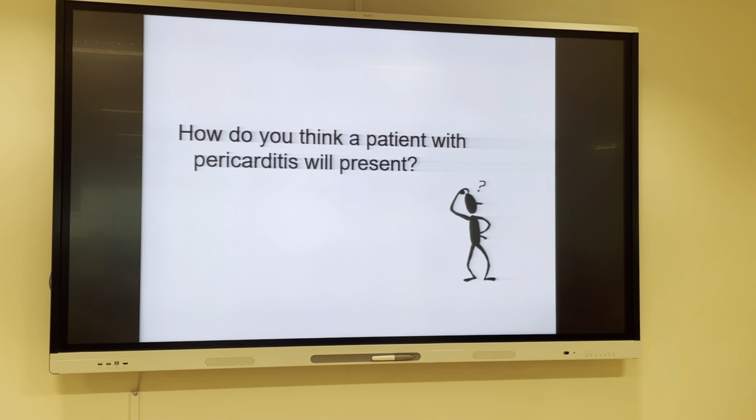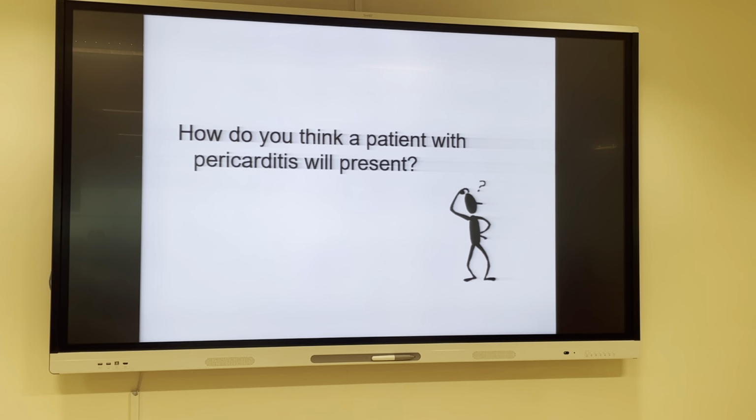Colchicine. Okay, so pericarditis, inflammation of the pericardium. You decrease the inflammation with NSAIDs. The second thing is you want to reduce the recurrence of the pericarditis. So what you give? Colchicine.